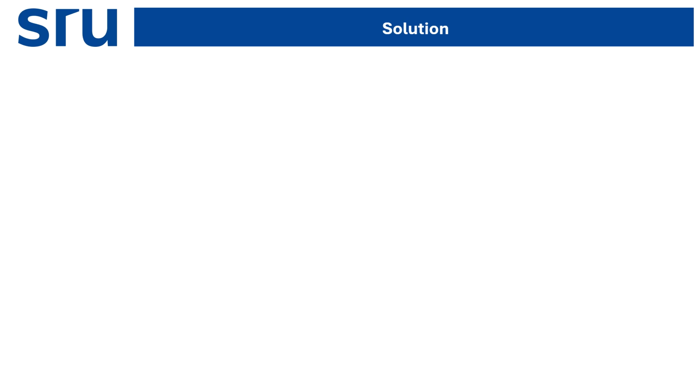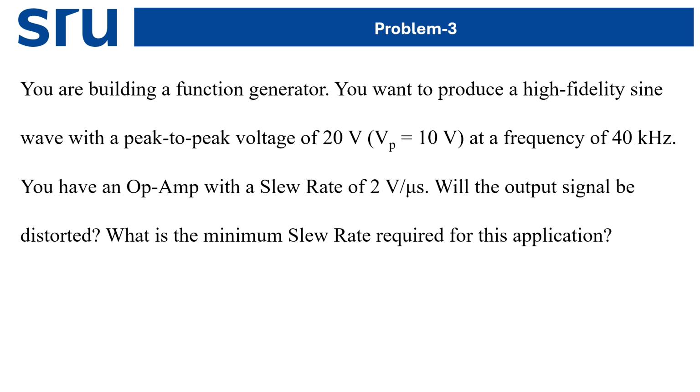So the next problem is saying that while building a function generator, you want to produce a high fidelity sine wave with a peak to peak voltage of 20 volt. So we need to keep in mind that peak to peak voltage is 20 volt, whereas peak voltage is 10 volt, right?